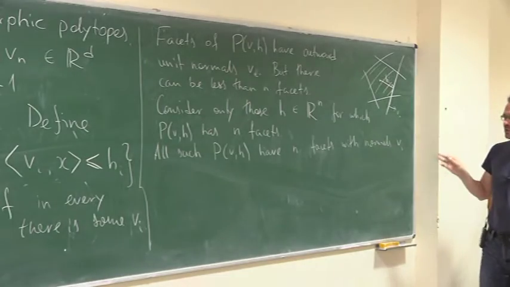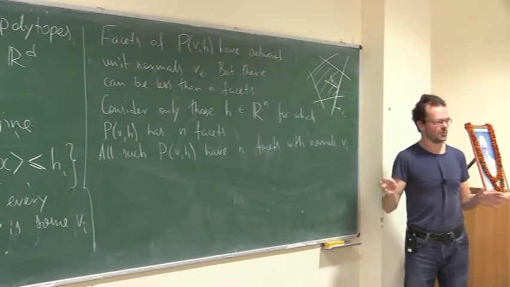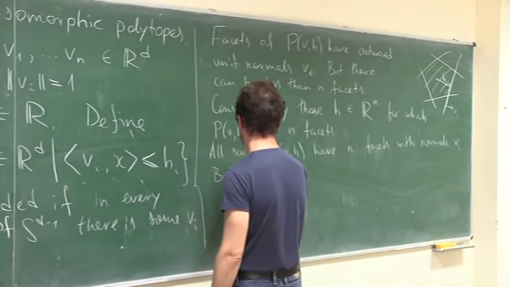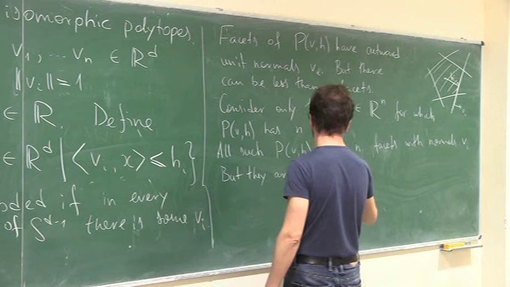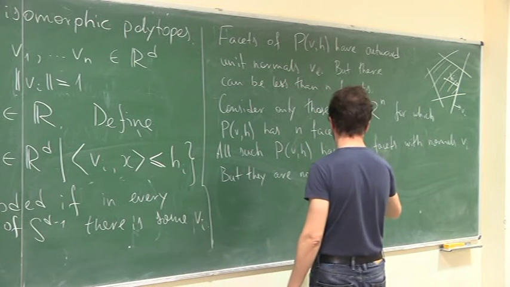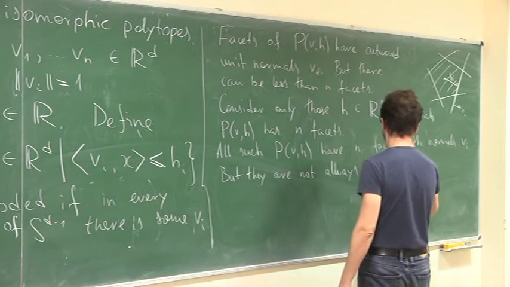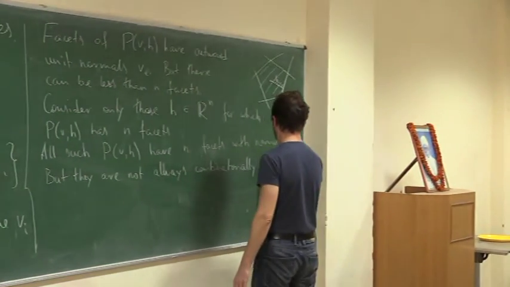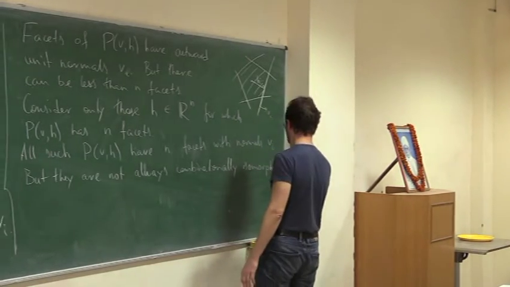Okay, good. But still, these polytopes are not necessarily combinatorially isomorphic. They are not always combinatorially isomorphic. What does it mean to be combinatorially isomorphic?